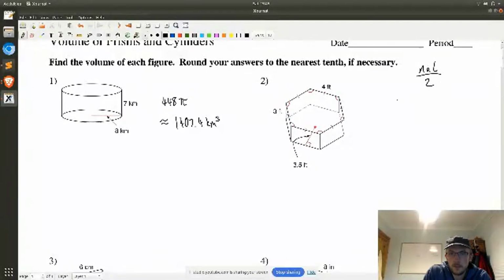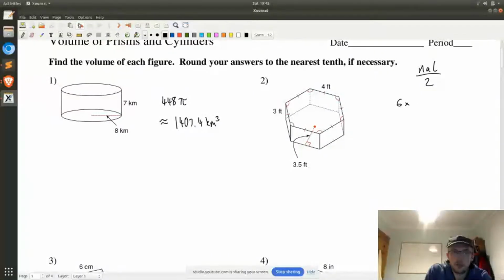So 6 times, well, we can do 3 times the apothem length, which is 3.5, and then times that by 4, and then times all of that by 3, which is the height. And that should be fine.